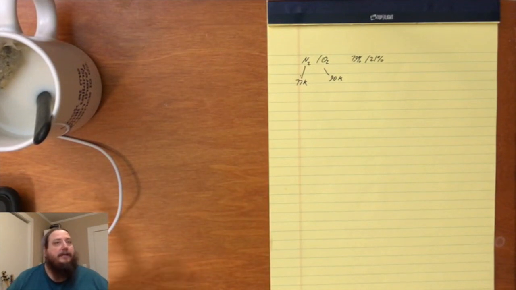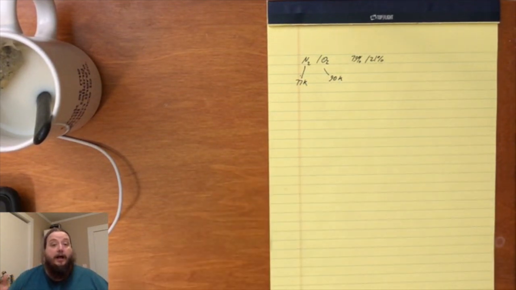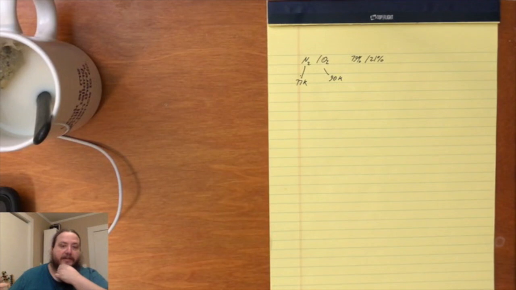But that's not exactly what happens. You do begin to condense liquid out, but it's not pure oxygen to begin with. It's a higher mix ratio of nitrogen to oxygen, but not pure oxygen. And to understand why, we have to look a little bit at what's going on.